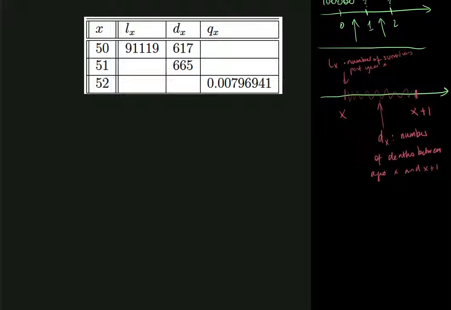And what we see here quite clearly is dx is just the difference between the number of people who were living at age x and the number of people left at age x plus 1. So that's Lx minus Lx plus 1. I guess we can also see this in the book on page 25.